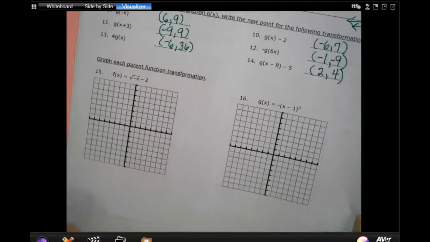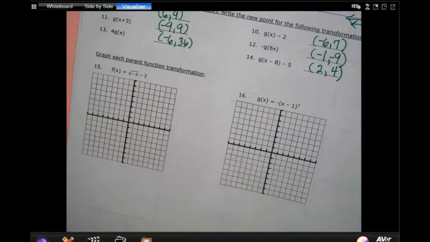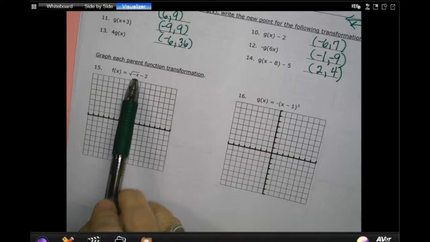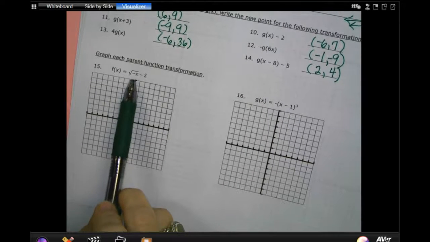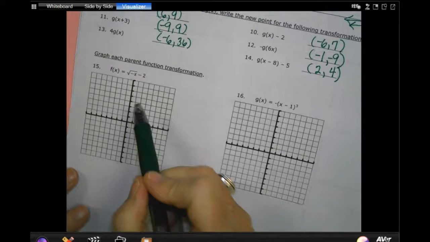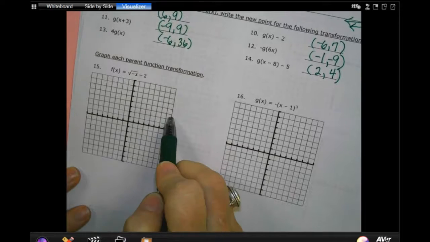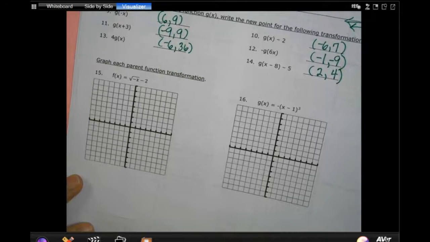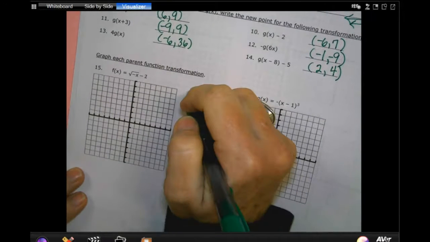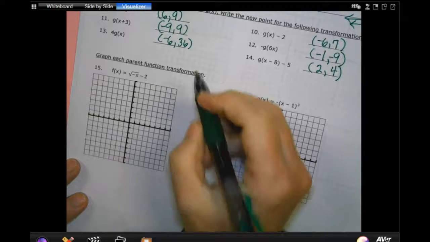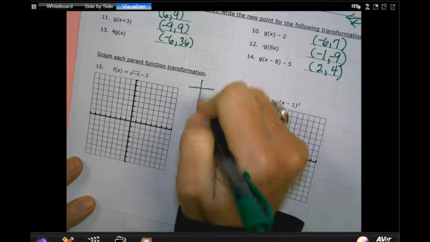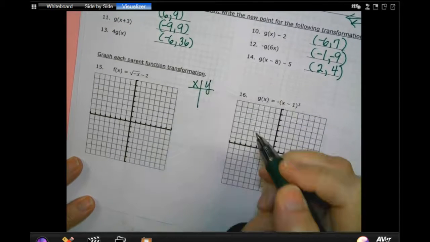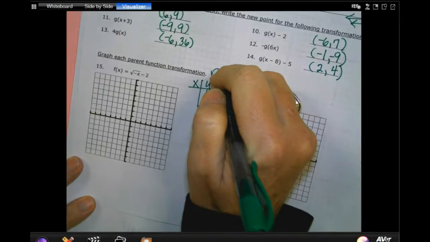Okay, so I feel like starting on number 15 is where the problems came in. So the problems come in if you don't know what the parent function looks like. So I know my parent function is the square root. And I know that the square root normally starts here and goes this way, correct? Okay, so if I know that, my parent function is the square root of x.